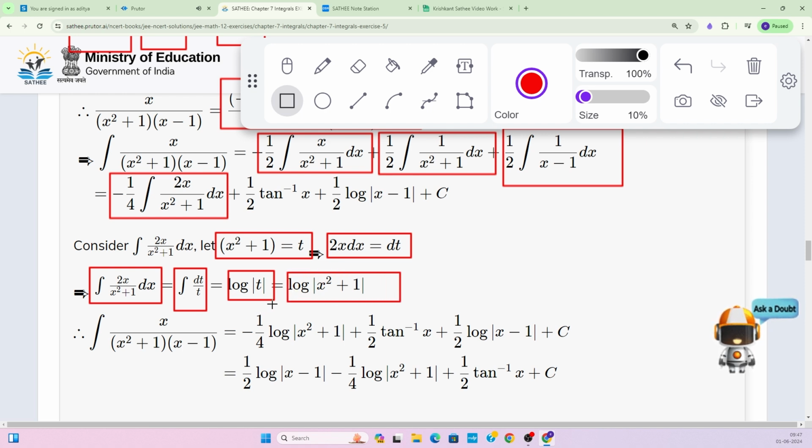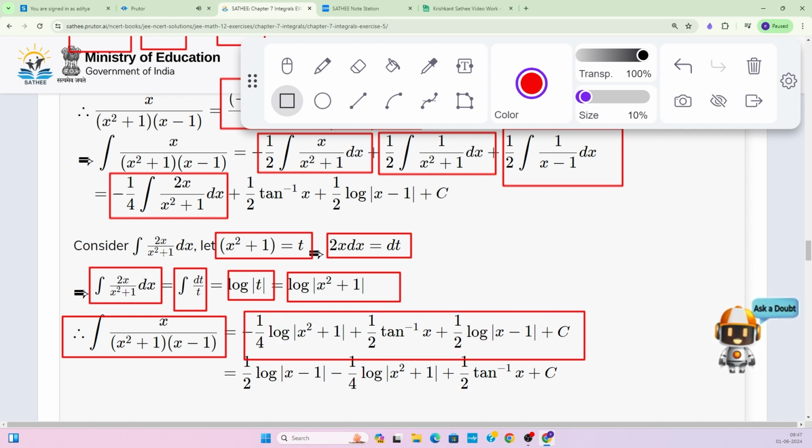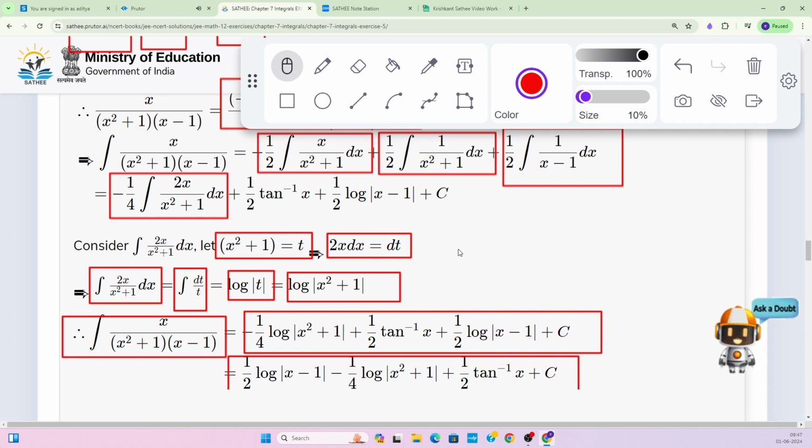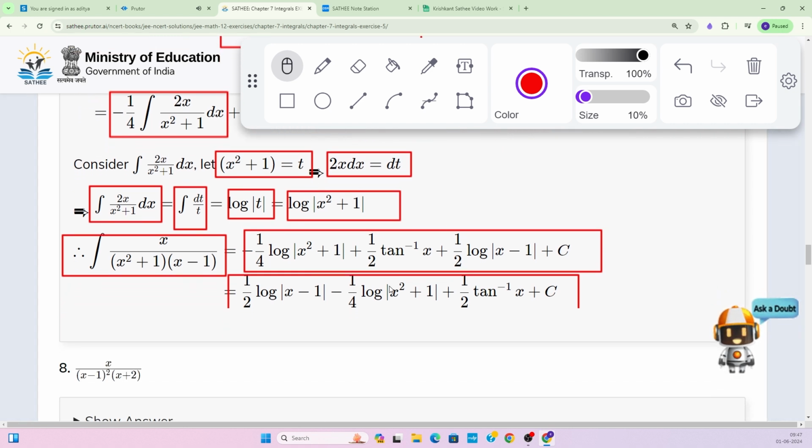And from here, the integration of the original thing can be answered by this expression. If you simplify it further or rearrange some terms, you will have the original answer like this. If you are getting another form, don't worry. It will be another variation of this expression. I hope it is clear to you.